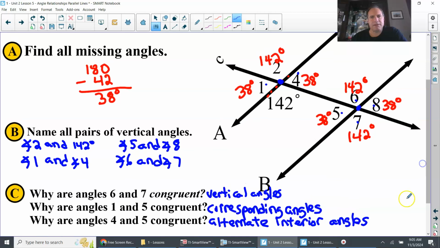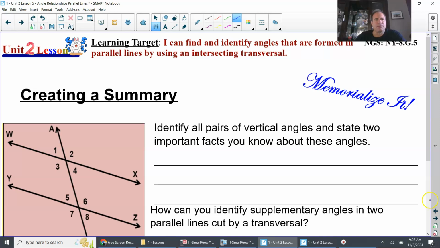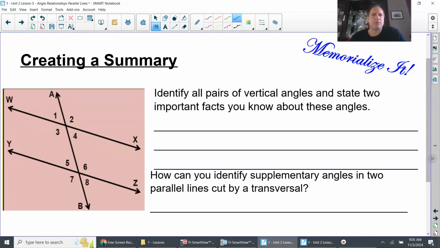All right, so we're going to create a summary, and the summary is going to identify all the vertical angles and state the 2 important facts you know about these angles, and then how can you identify supplementary angles in 2 parallel lines cut by a transversal.